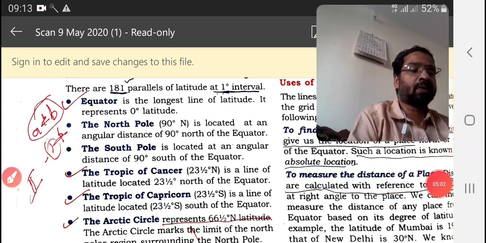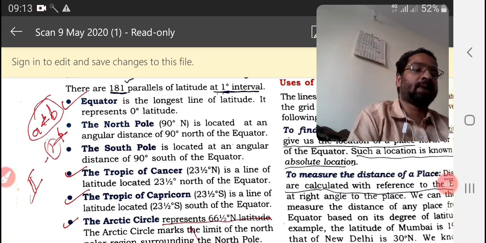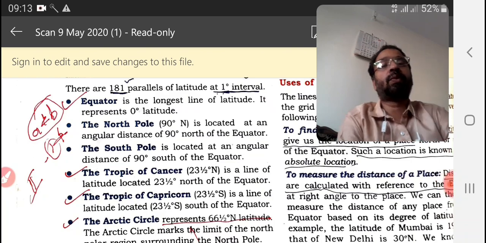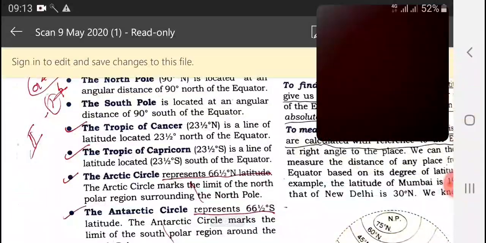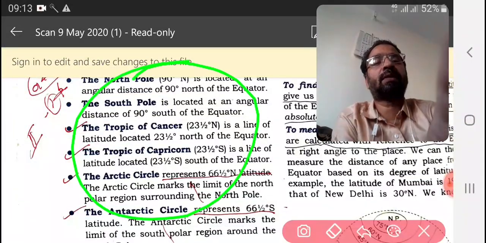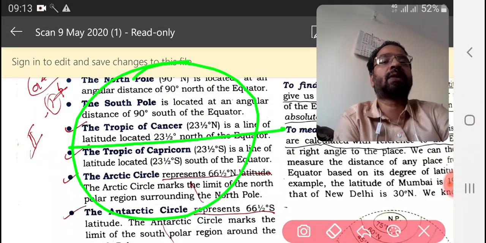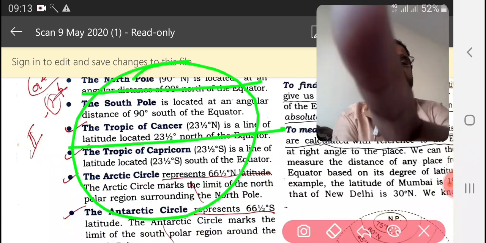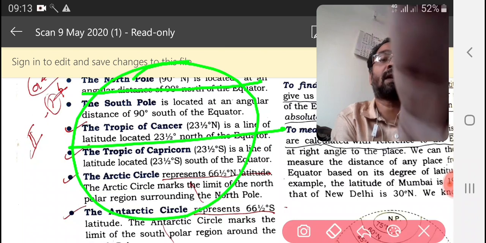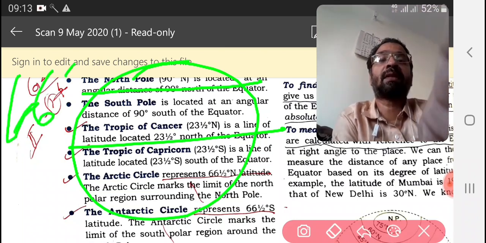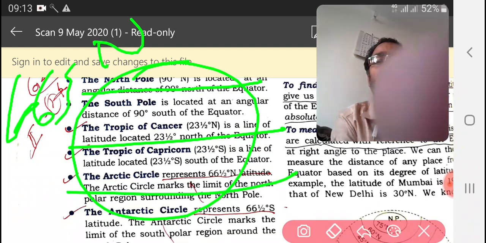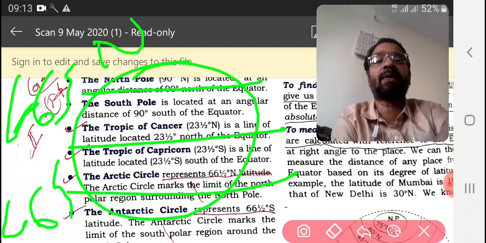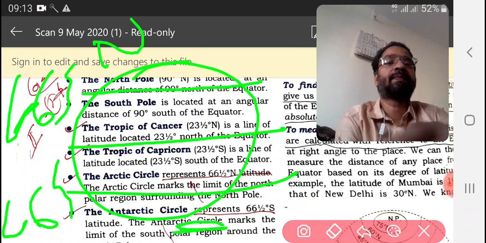And now let us go to the Arctic Circle. We have two lines of the same type. There is the Earth, then the equator, then 66 and a half north. In the same way here too we can find 66 and a half south.